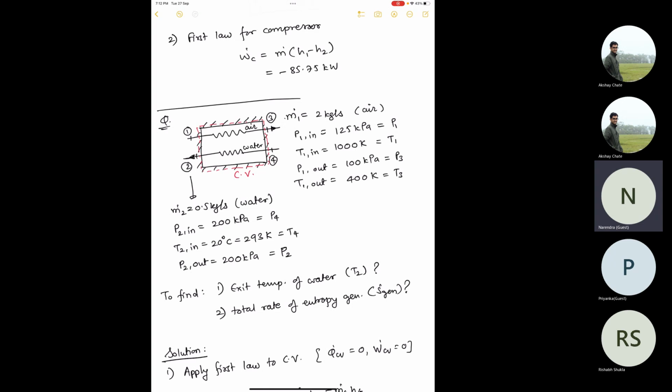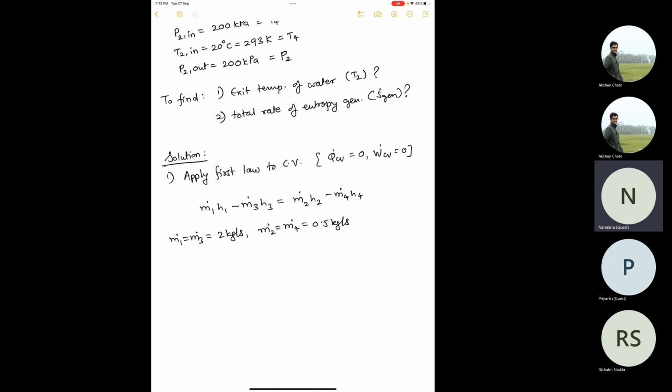So if you have an ideal gas or air table, you can go there. If not, then you have to assume air as an ideal gas. But in that case, h will be CpT, right? It will not be a function of pressure. So that way also you can do.